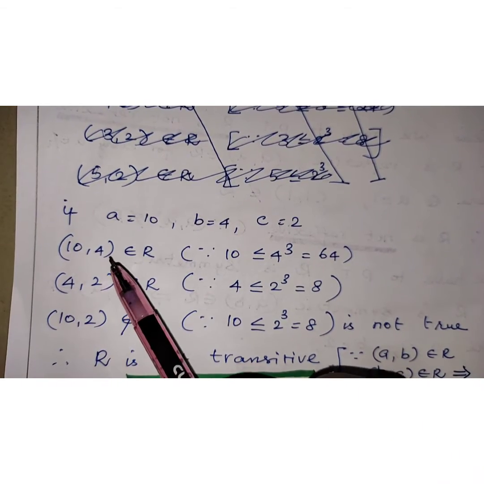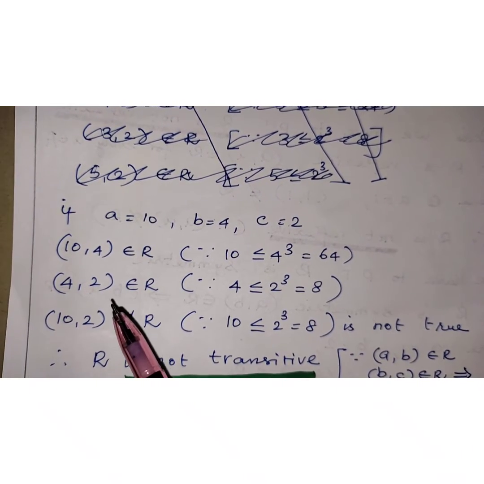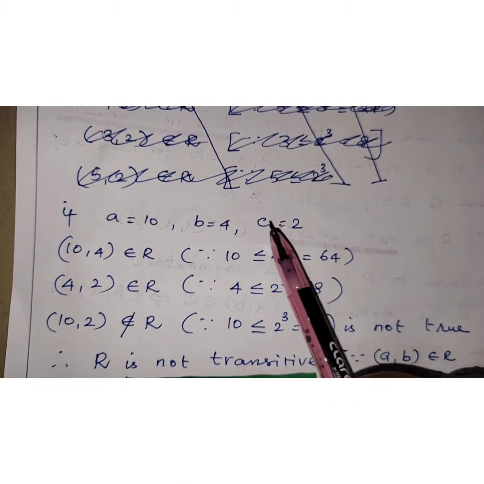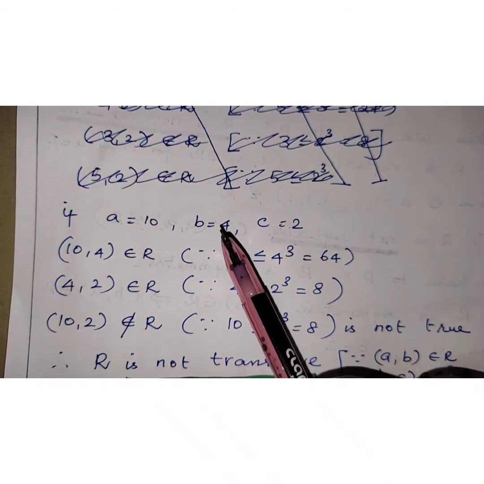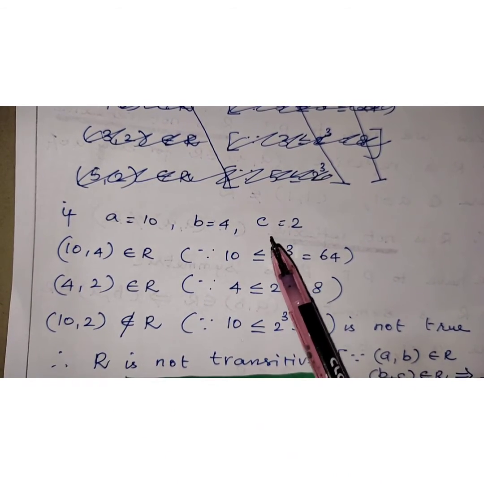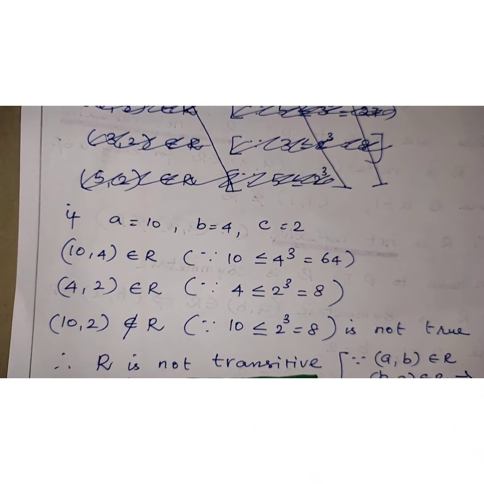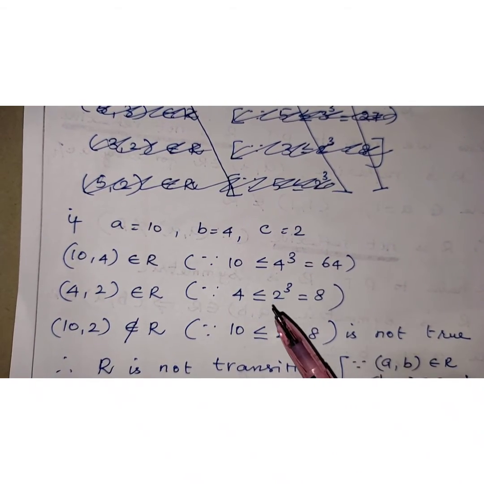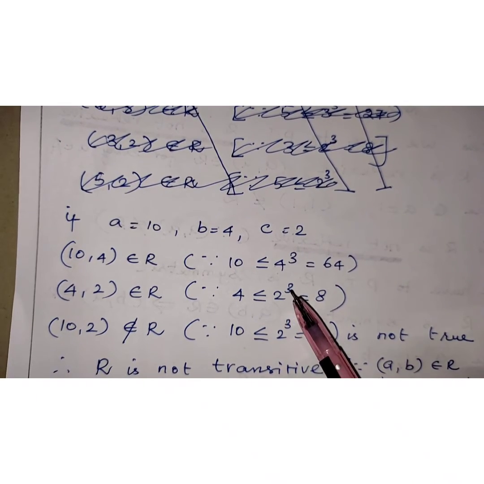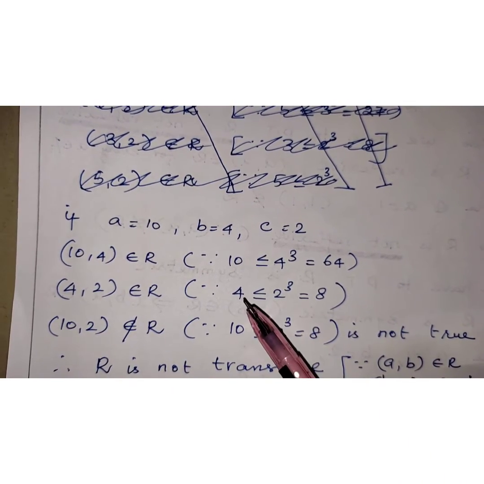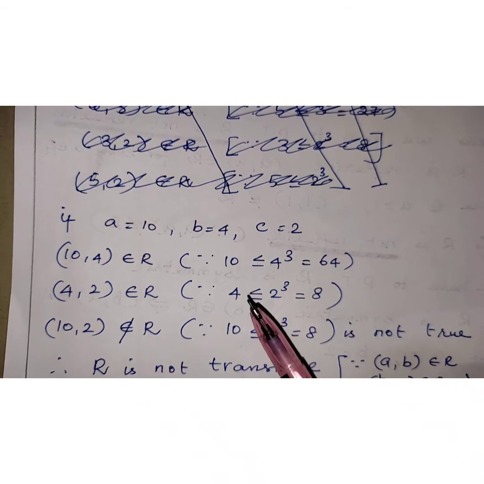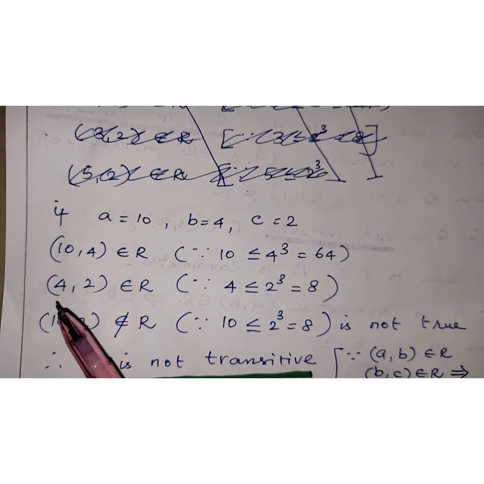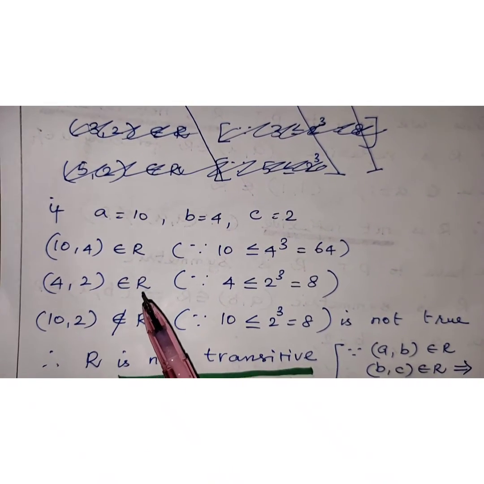Therefore (10, 4) belongs to R. Now another pair (b, c), here b is 4, c is 2. (4, 2) belongs to R since 4 is less than or equal to 2 cube, that is 8. So this is true. Therefore we can write (4, 2) belongs to R.